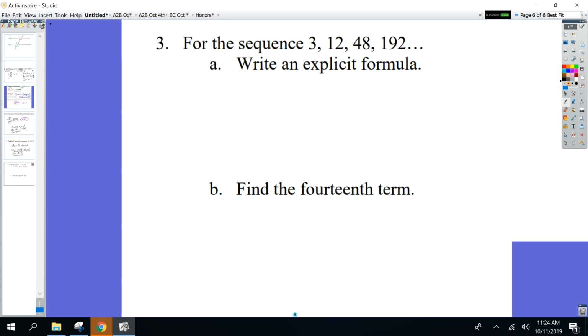Here's the new wording probably. Explicit formula. That's just a fancy way of saying write the equation for the nth term. So when you see explicit formula, equation for the nth term.